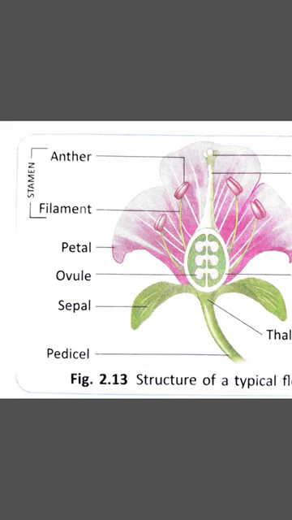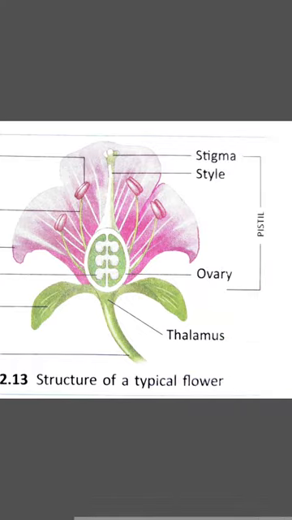Okay, now come to the female part. The innermost part is known as the pistil or the gynoecium. The first part of the pistil is known as the stigma, the broad upper part of the female part of the flower.